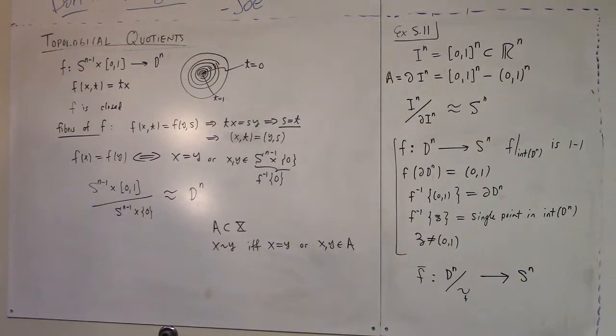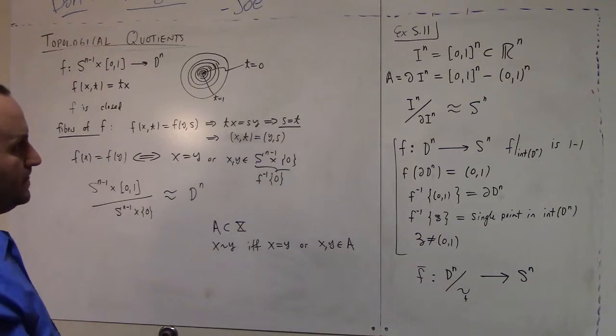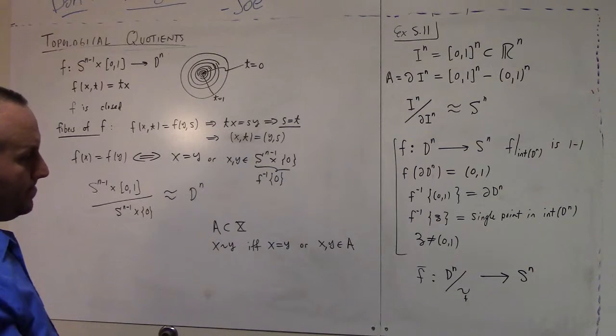So he goes through the intermediary of Dn. I think that is equivalent to saying that Dn mod boundary of Dn is homeomorphic to Sn.